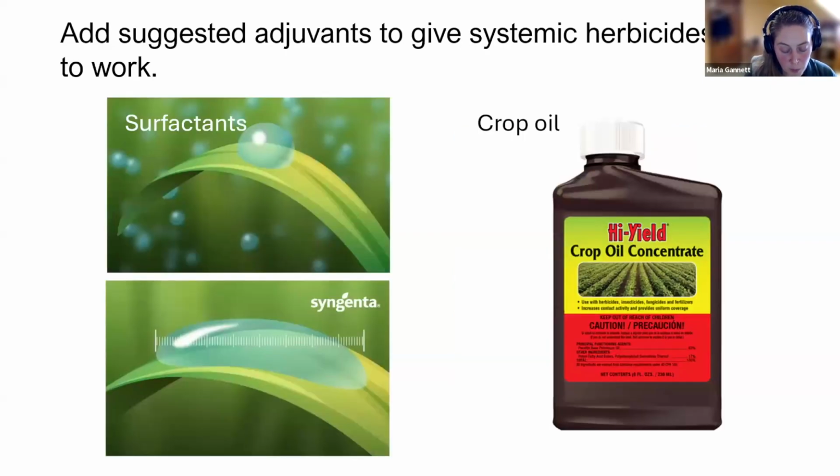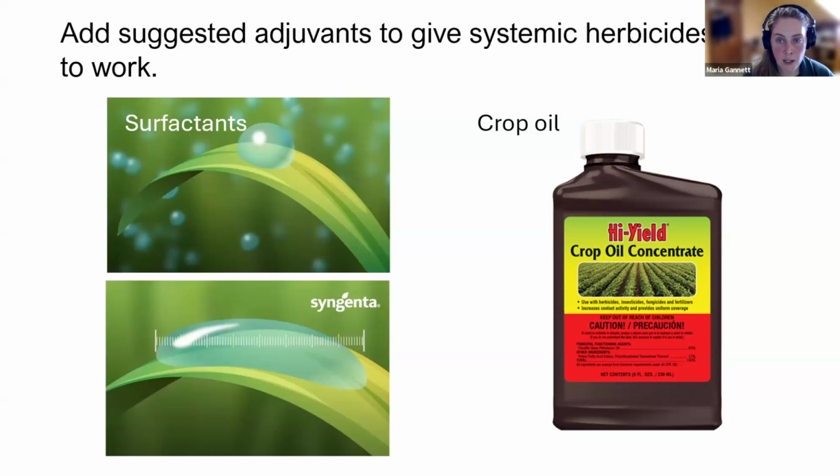Also, if some of these herbicide products suggest adding an adjuvant, I would follow the suggestion because you're trying to increase the amount of time for that product to enter the plant. If it recommends adding a surfactant, that's going to help expand the surface area for that herbicide droplet to enter into the leaf.